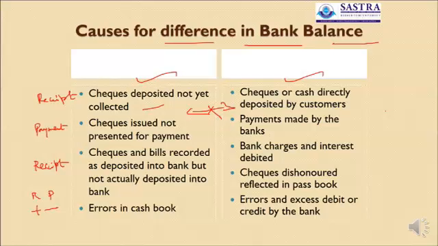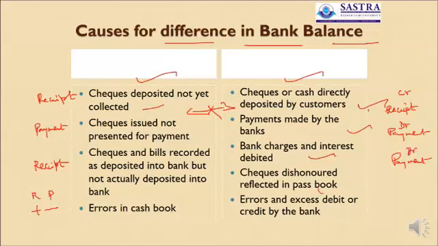Checks or cash directly deposited by the customers. So this is a kind of receipt in bank in our account and recorded or credited. And payments made by the banks. This is also a kind of payment as per our standing order and something else the bank does and debits our account. Then bank charges and interest debited are the payments certainly made by the banks and debited to our account.